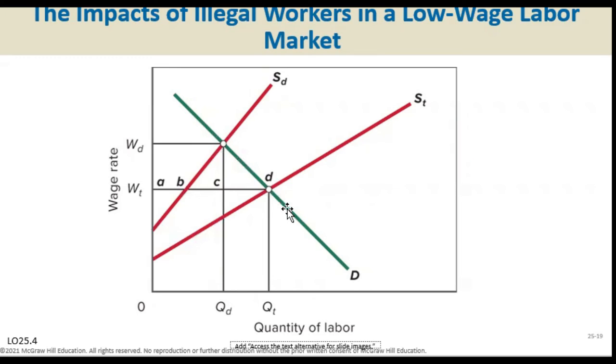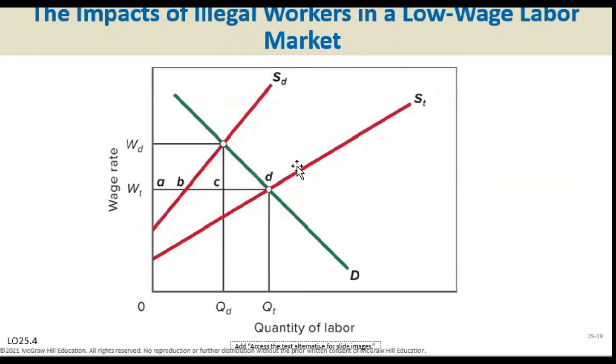If originally we have the equilibrium here and the quantity of labor being QD with the corresponding wage, WD, illegal immigration will shift the labor supply S to the right, becoming ST. And doing so, you see the new equilibrium here.